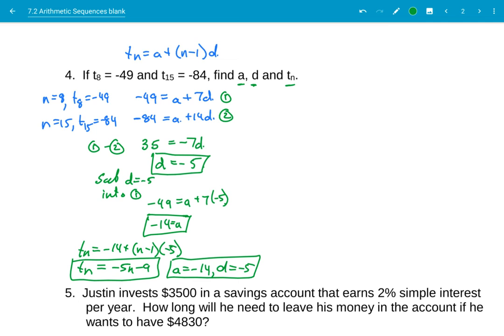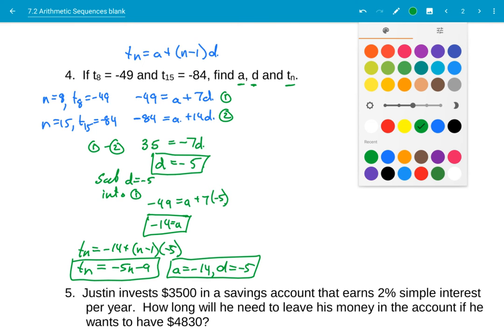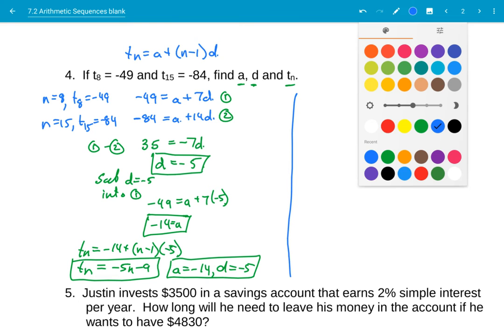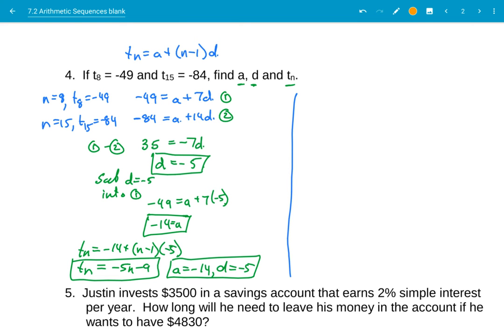There is another way you could maybe think of it. So just one more way to think of it. We're going from T8 to T15. So we're adding 7 to the term number, to the n, right?